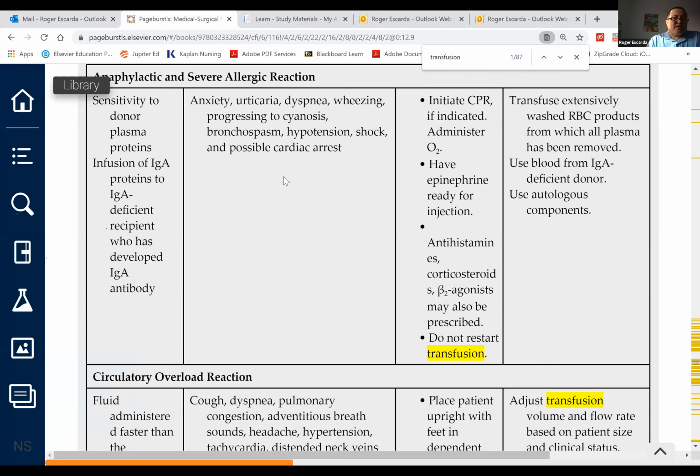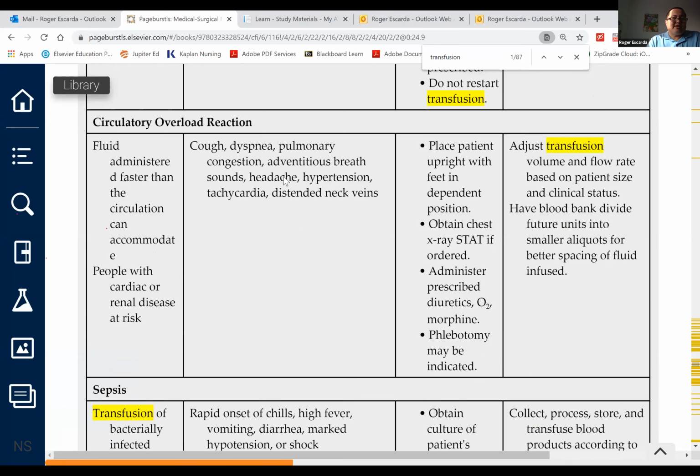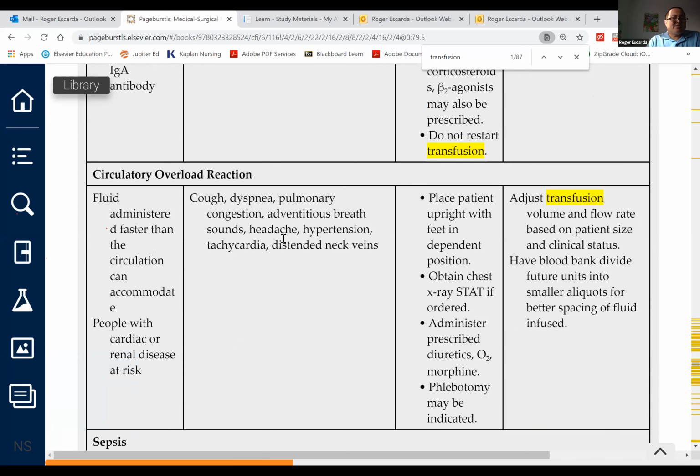So not all are serious. Let's say circulatory overload. This could kill the patient if you did not monitor. This usually happens in elderly patients who cannot tolerate large infusions of fluids. These are the signs of fluid overload.